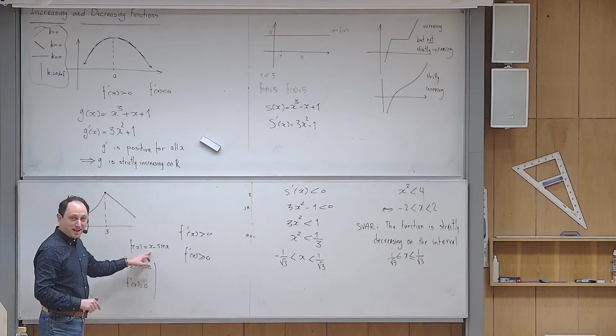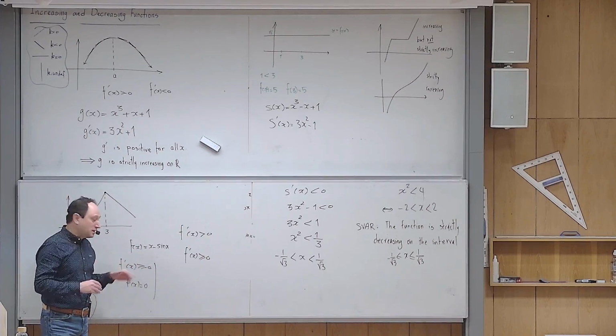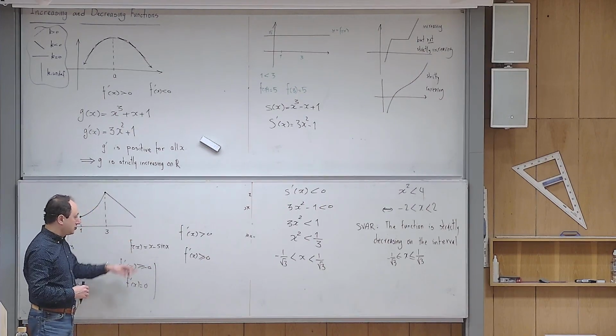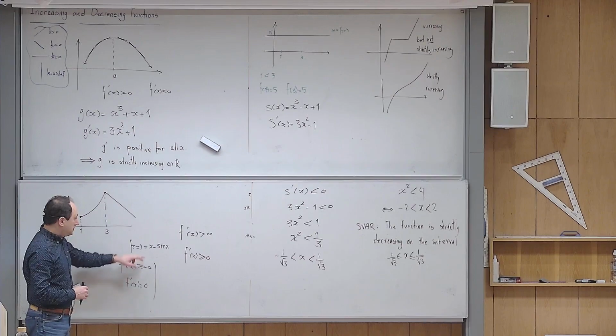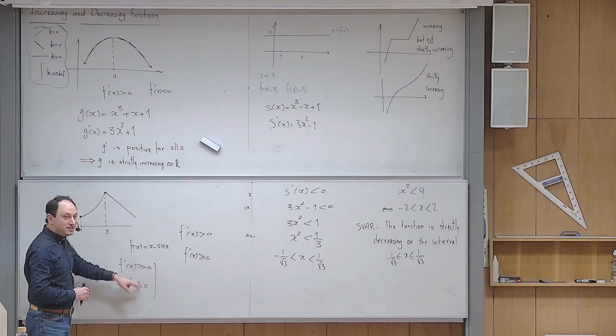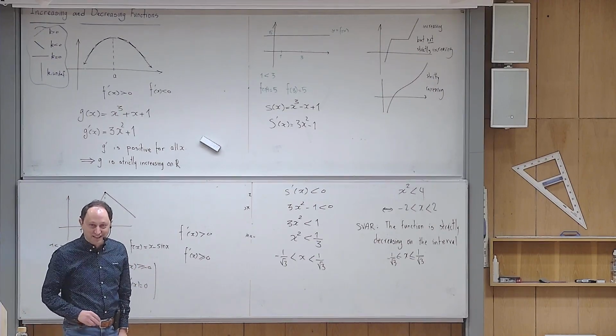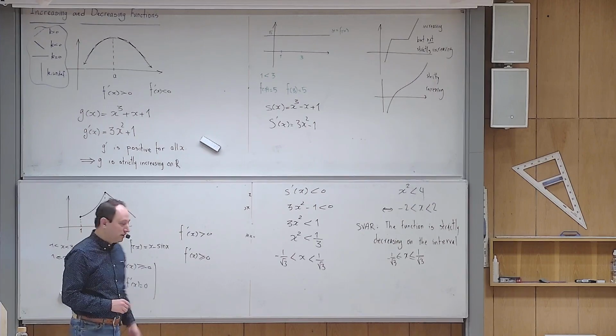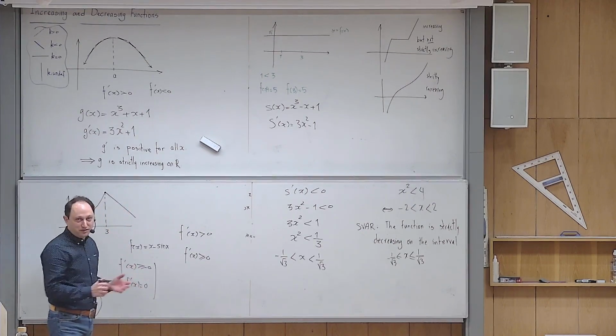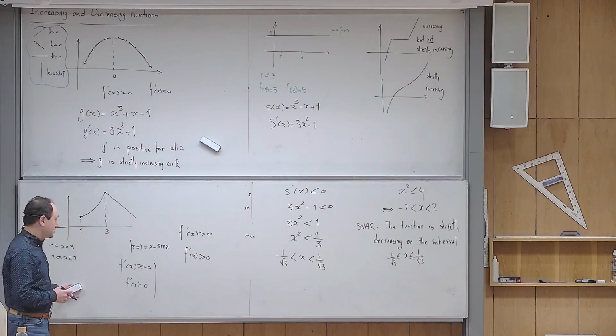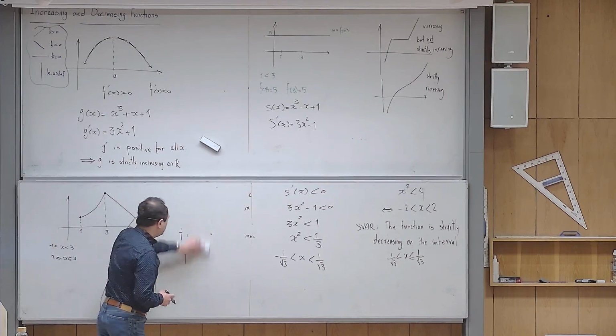But this is a different scenario from the example, where the derivative is greater than or equal to 0 and equal to 0 at infinitely many points, but the function is still strictly increasing. But you don't need to be concerned about those very specific cases. Okay.